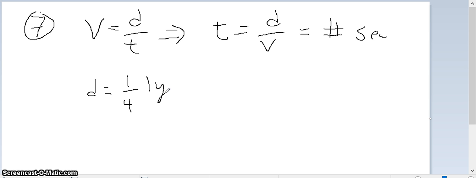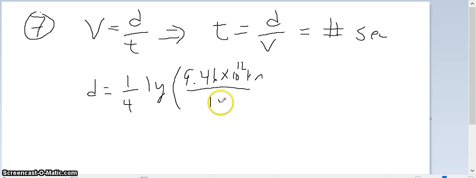And if you look up the distance of a light year in kilometers, it is 9.46 times 10 to the 12th kilometers. That's what 1 light year is. And so of course the light years cancel, and you just multiply 0.25 times this number, and that'll give you the distance. And that of course goes up here.